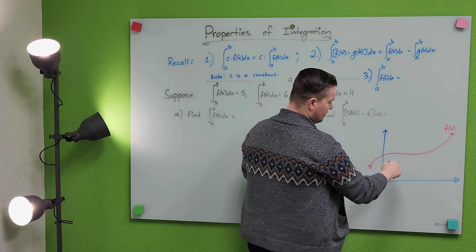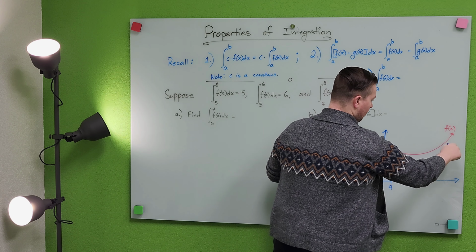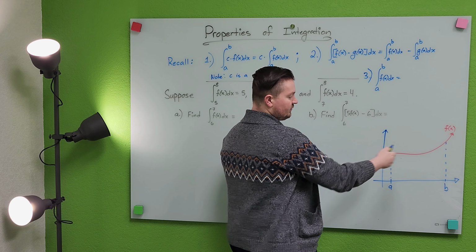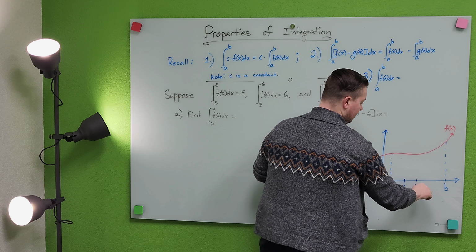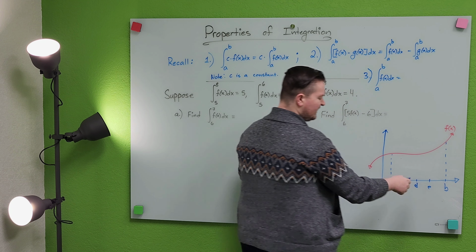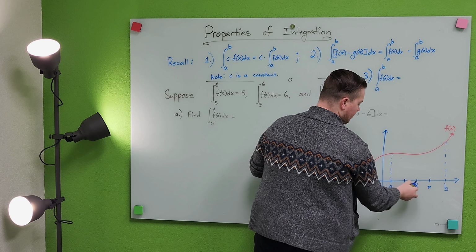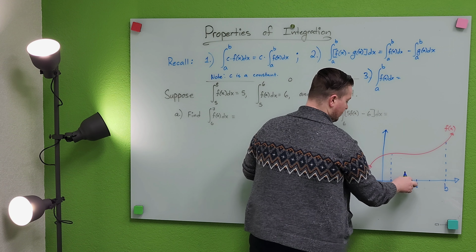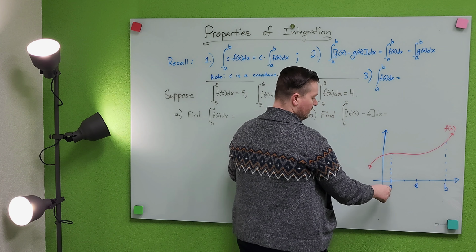If we say the x value right here is a, and over here is b, we could split this range up into c, d, e, as many pieces as we want. For now, I'm just going to split it into two portions. We'll go from a to d and from d to b.